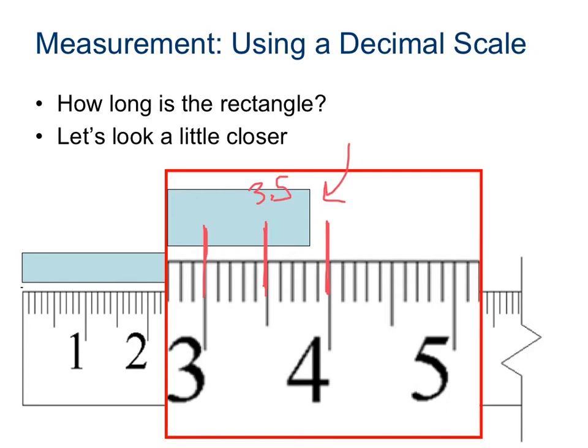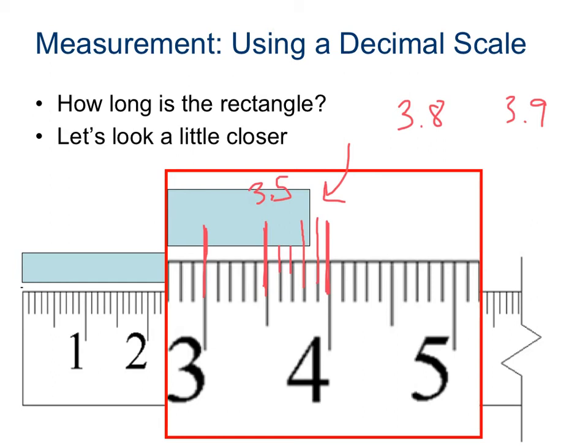So at this point, we know that it's 3.5 centimeters. Then you just start counting. We've got 3.6, 3.7, 3.8 right here, and then this one is 3.9. So it's between 3.8 and 3.9. Then you have to look: is it halfway in between 3.8 and 3.9? That's where the uncertainty part comes in.